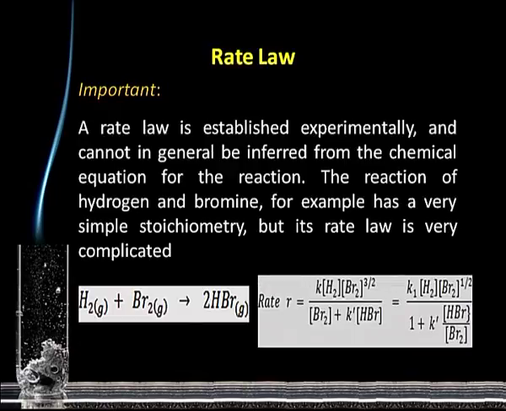And look at the complex rate law that you have. You have rate with respect to bromine. You can see the power here, a fraction, and HBr, the product concentration term also appears. So rate laws can be very complicated, and therefore the relation between the rate of reaction and concentration has to be established experimentally.